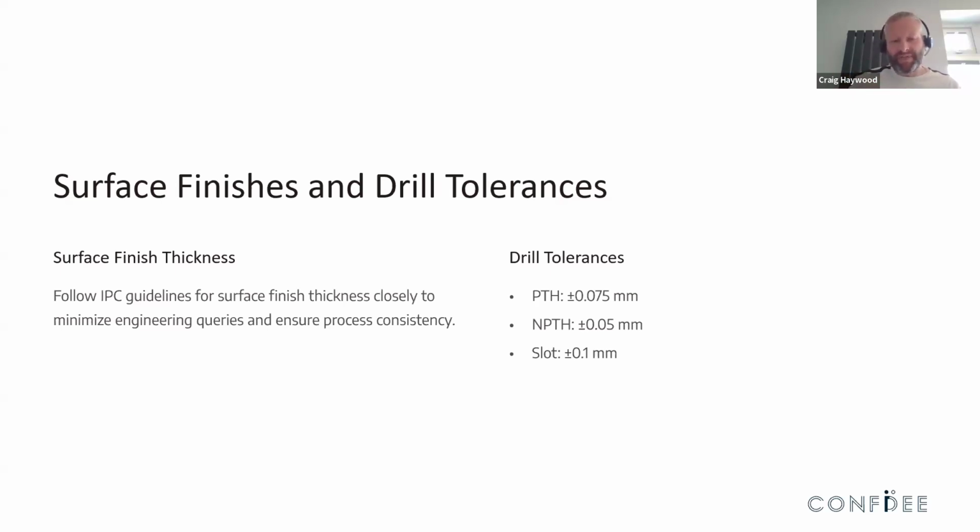Those tolerances can be plus or minus 0.05 millimeter. Just bear in mind that not all the holes on that board need to be press fit. So it is preferred that only the press fit holes have the tighter tolerance, and then the rest follow a general standard as specified there.